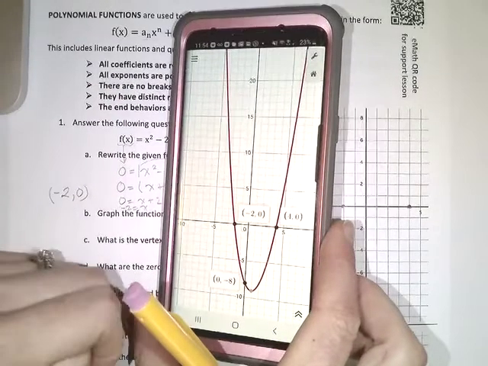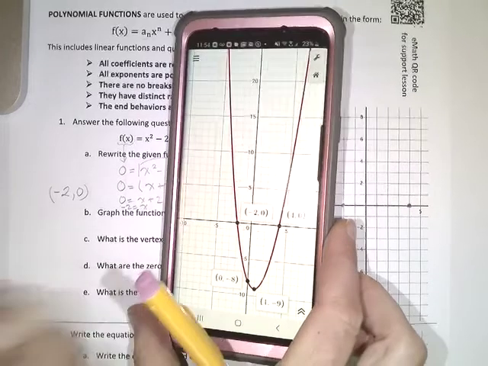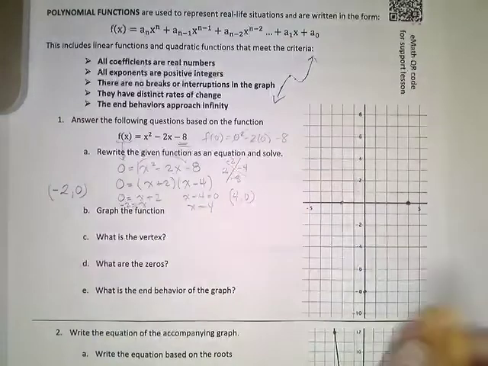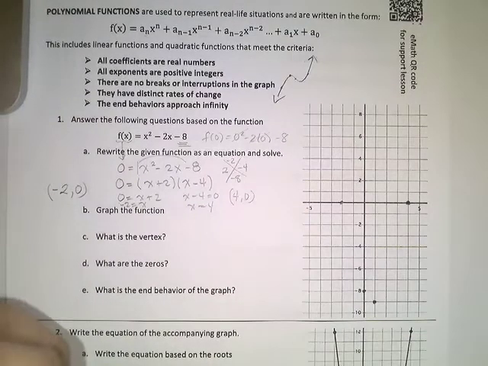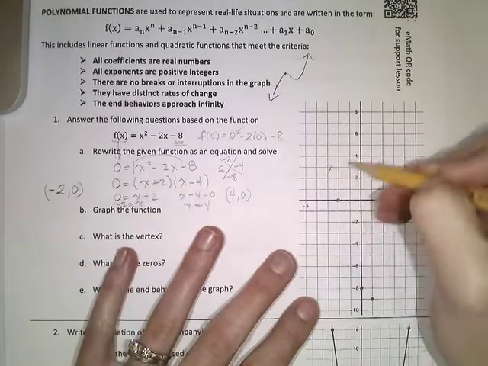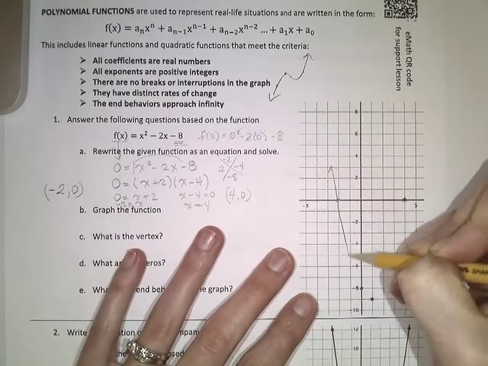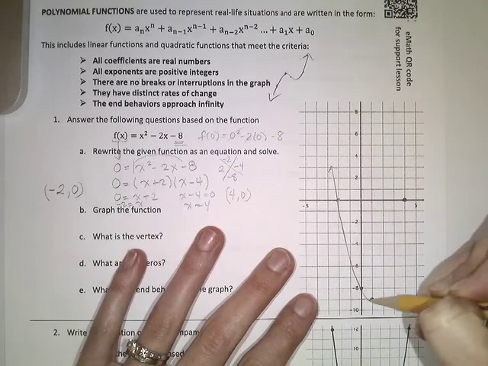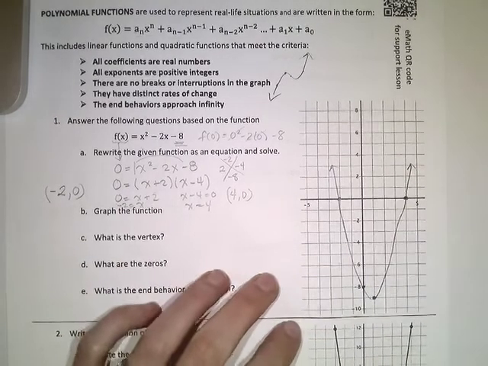The y-intercept is 0, -8, and 1, -9. That'll make our turning point that much easier to graph here. I always recommend that you guys, you have the opportunity at home to just throw it in Desmos. And starting at negative infinity, that's what that arrow means, going all the way to positive infinity. Okay, so there's your graph.